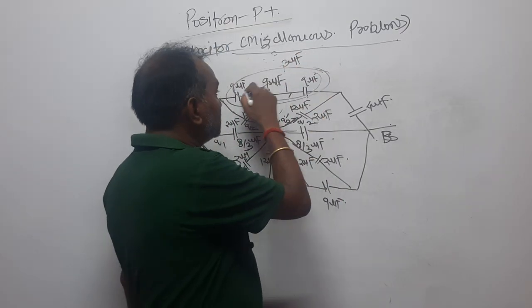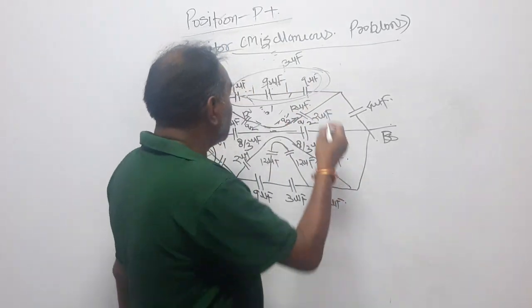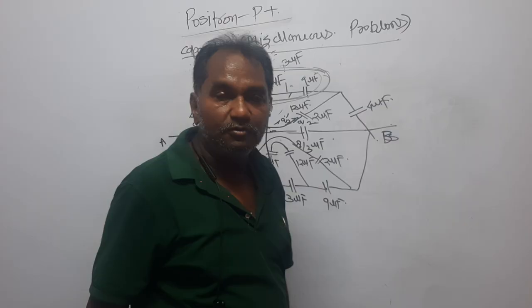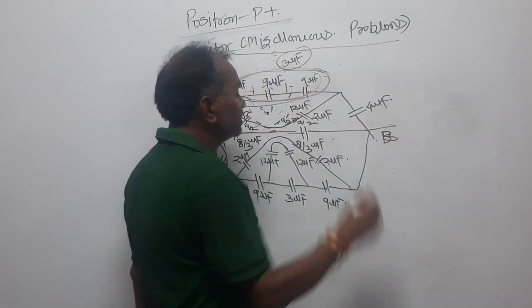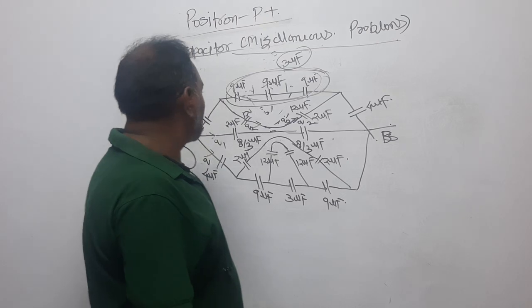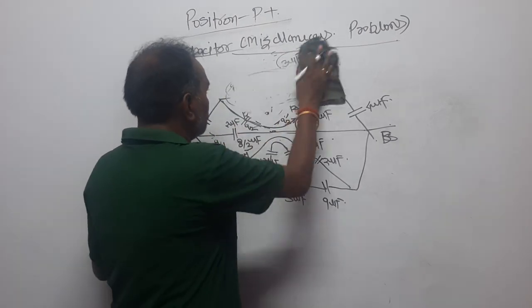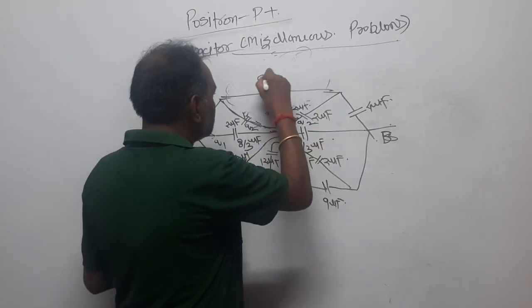This is the equivalent of these three 9 microfarad capacitors. It means the job all these three 9 microfarad capacitors were doing here will be replaced by this 3 microfarad capacitor alone. Now here is only one capacitor left, that is 3 microfarad.